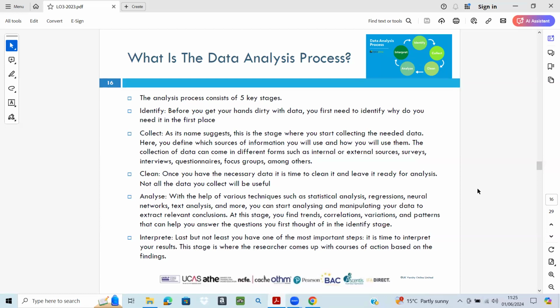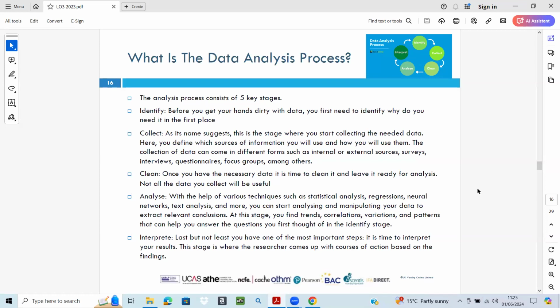Then we have clean, or data cleaning. After collecting the data, the next step is to clean and pre-process the data. This involves filtering out irrelevant or duplicate data, handling missing values, correcting errors, and formatting the data for analysis.